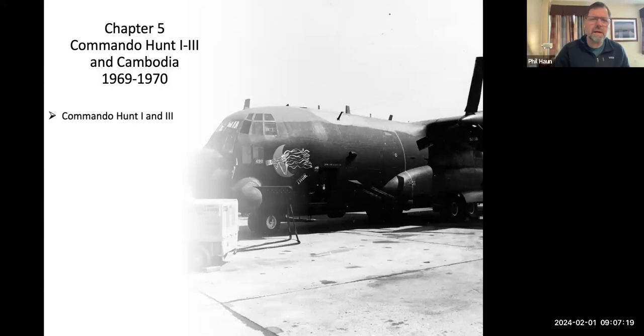Commando Hunt 1 and 3 are seasonal campaigns based upon the monsoon seasons. 1 and 3 are in the dry season, largely the odd numbers, while during the even-numbered Commando Hunts very little happens because it's the monsoon season, very rainy periods of time.